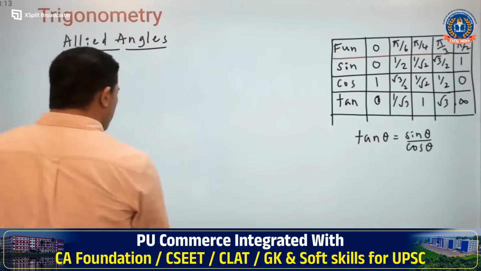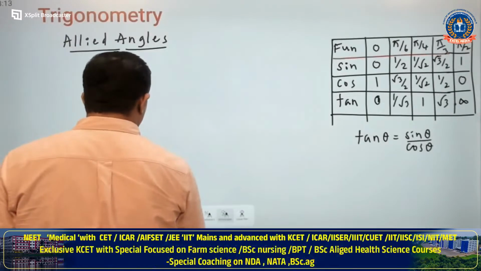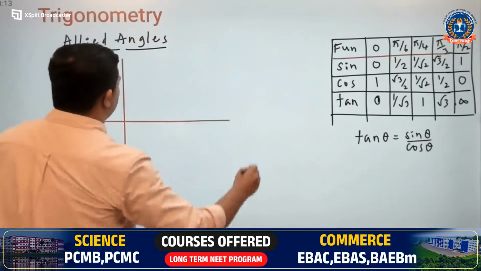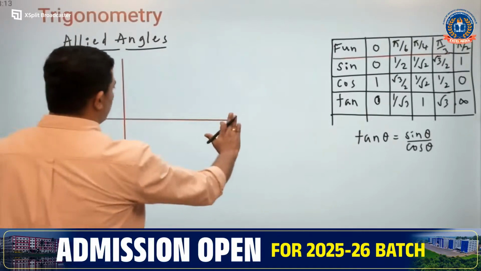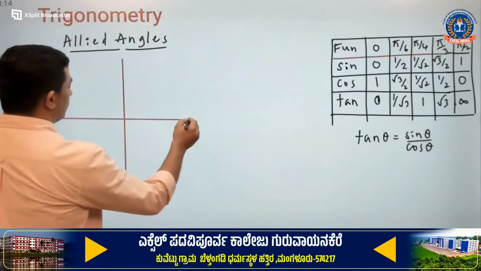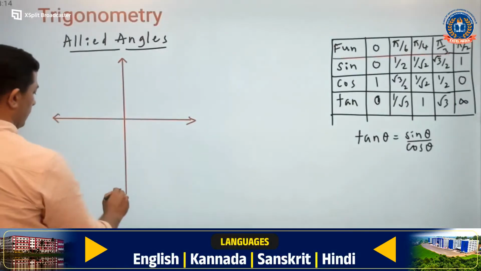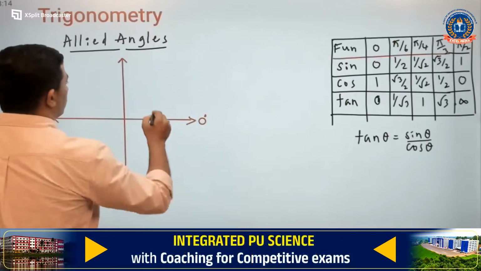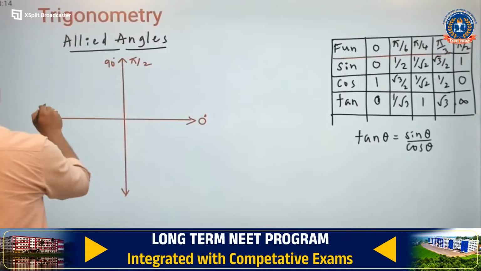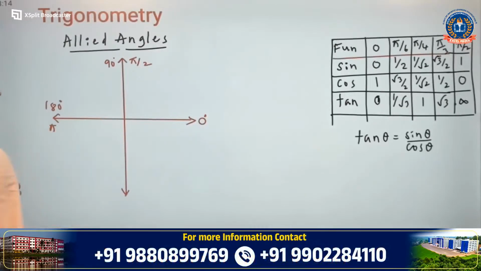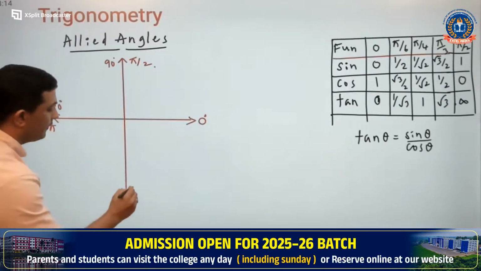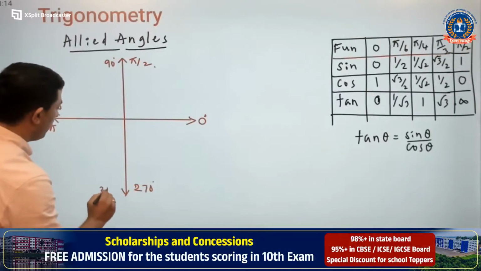Right. This is 0 degree, 90 degree, pi by 2, pi, 180 degree, 270 degree, or 3 pi by 2.